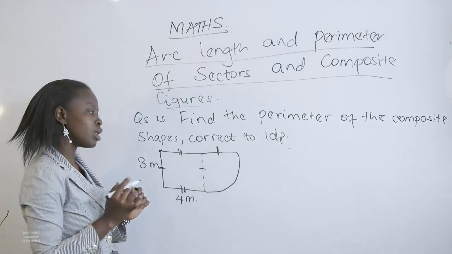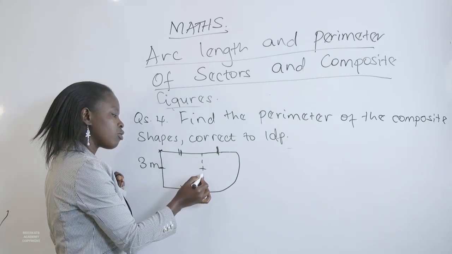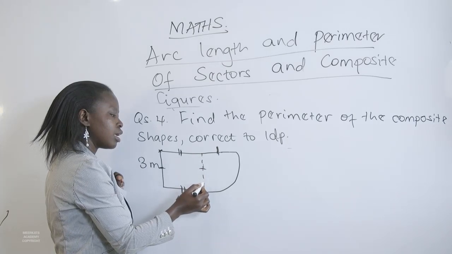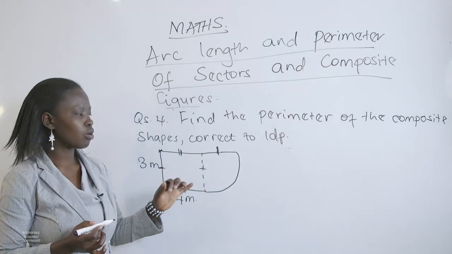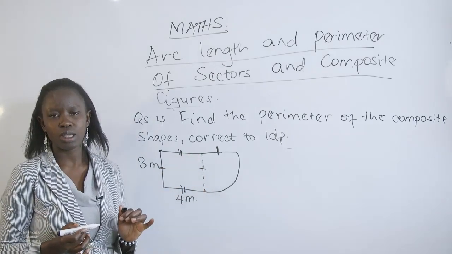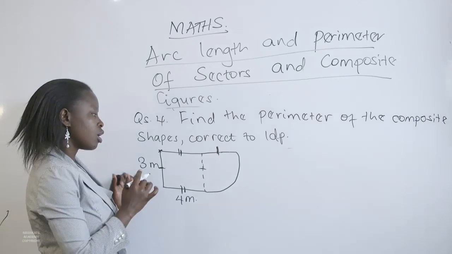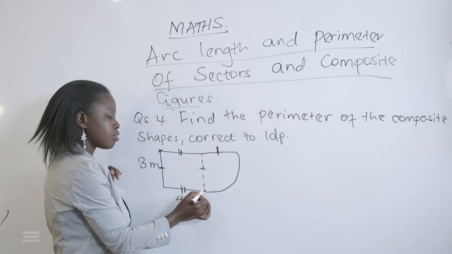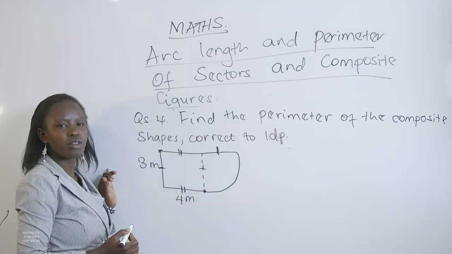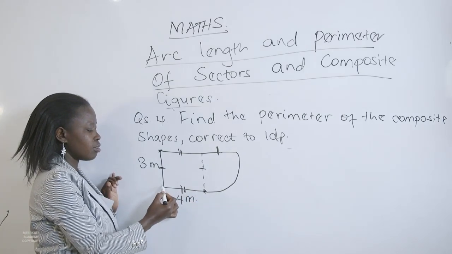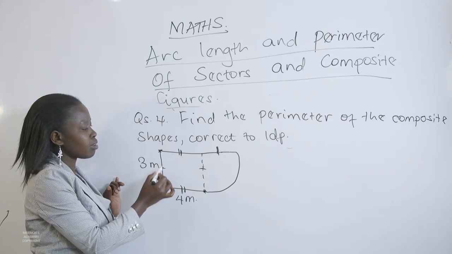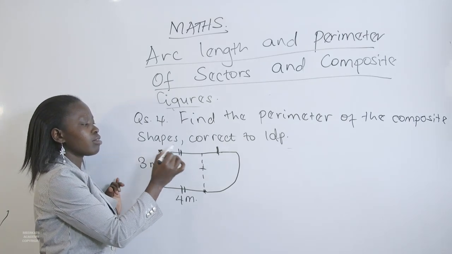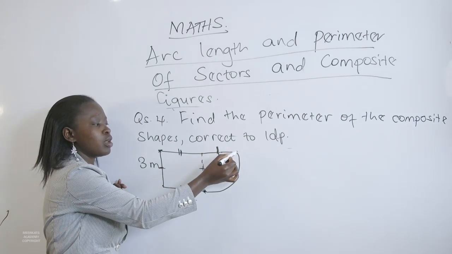So what does that mean? There is a line in between on this figure that we are not going to include in our calculation. So if I'm starting from this point, I get this distance plus this distance plus this distance plus this one.